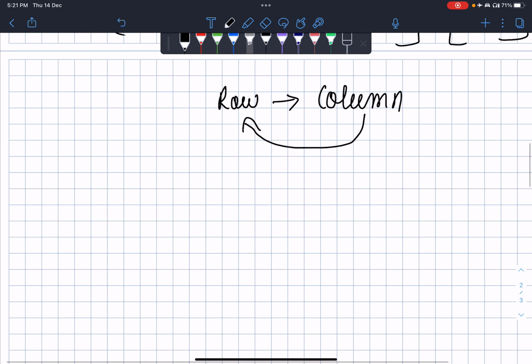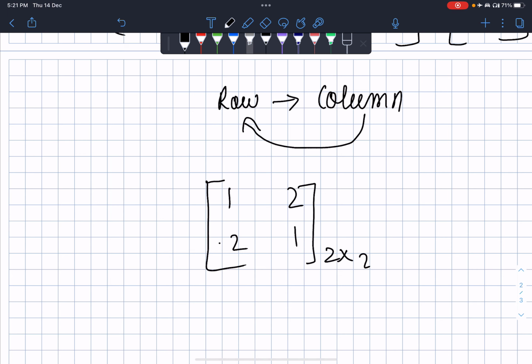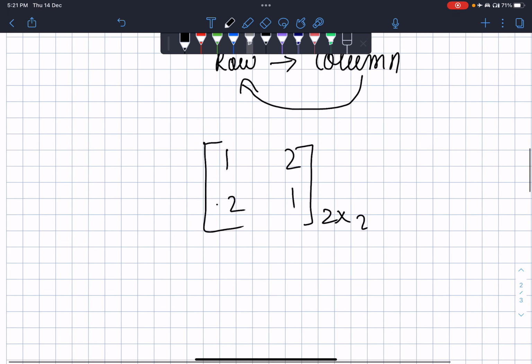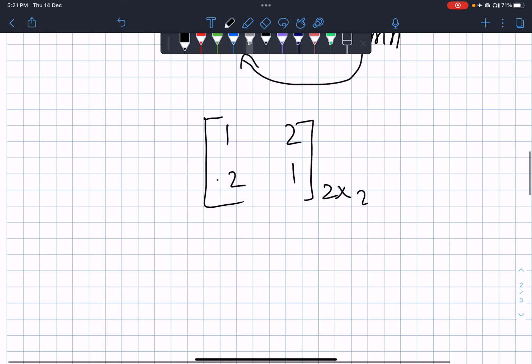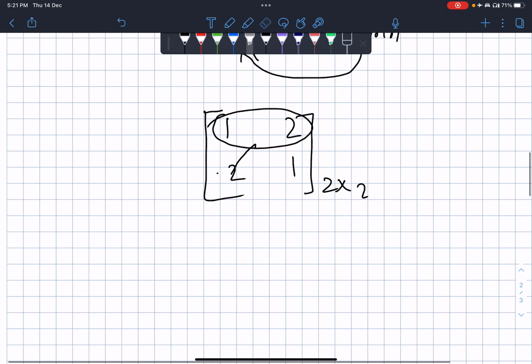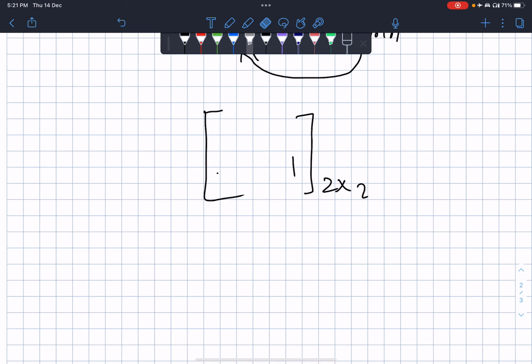Let's suppose I have to transpose this matrix, which is 2 by 2. Let's take some different numbers for better understanding: 1 2 3 4.